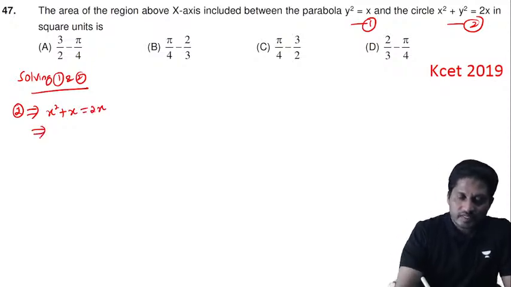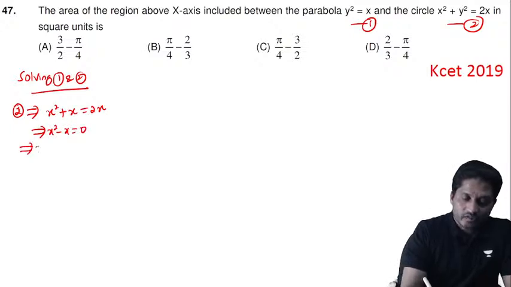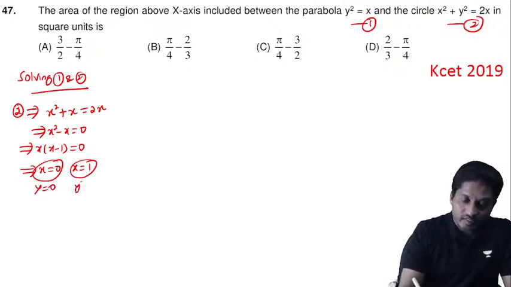So this means that you will get x square minus x is equal to 0. Take x common, you get x into x minus 1 equal to 0. You will get x is equal to 0 and x is equal to 1. If x is 0, y will be 0, right? If x square is 1, y square is 1, you will get y is equal to plus minus 1.